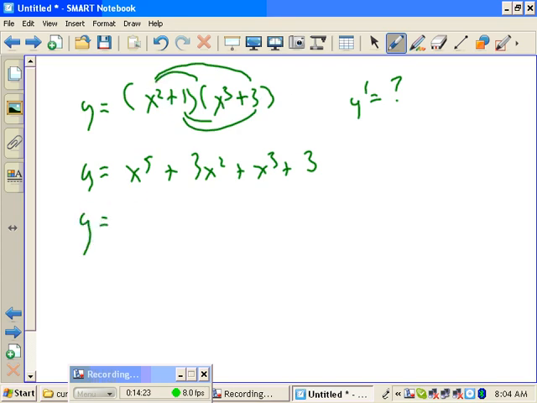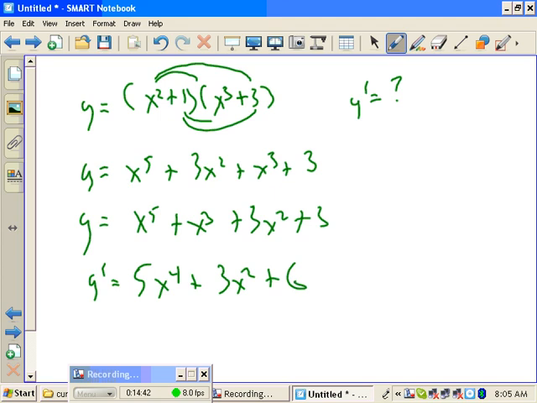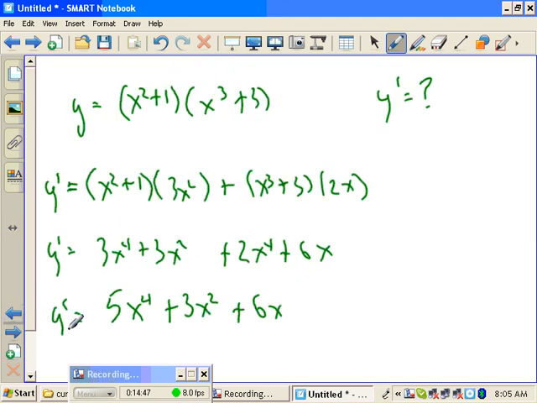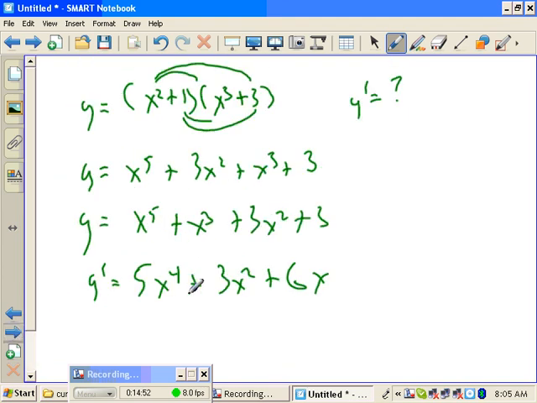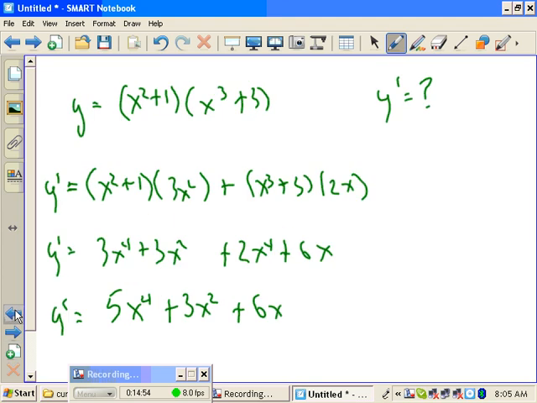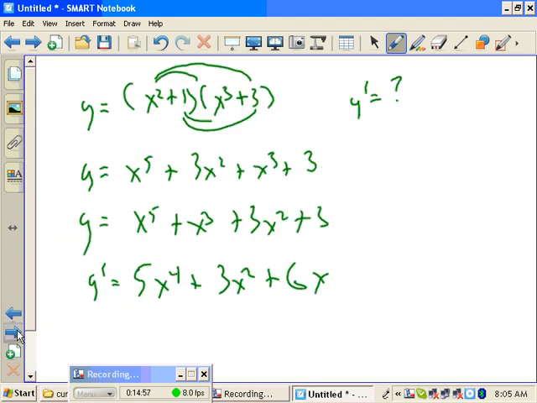So that's really x to the fifth plus x cubed plus 3x squared plus 3 in standard form. So now what's y prime? Using the sum of two functions. Let's see, does that look familiar? 5, 3, 6. 5, 3, 6. You have little faith. Fourth, second, first. Looks good to me.